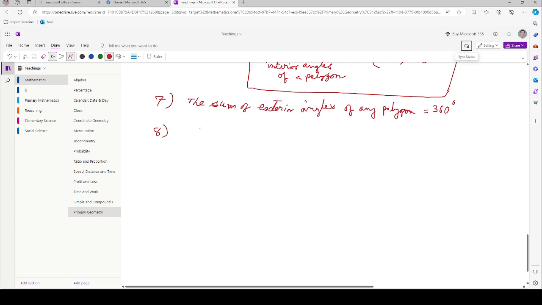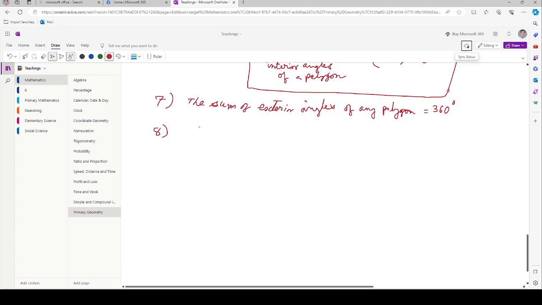Okay. These 2 points, the sum of interior angles of a polygon and the sum of exterior angles of a polygon, are to be noted. Now another 2 interesting things I am going to discuss.